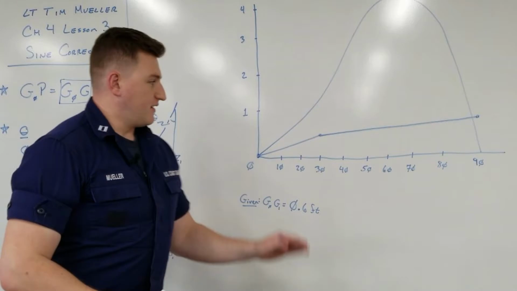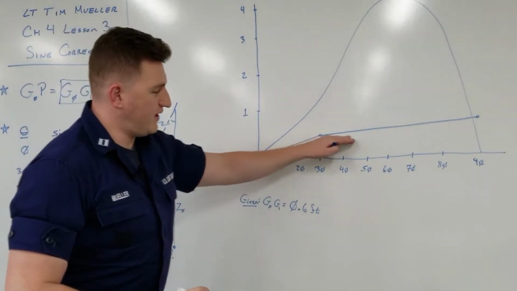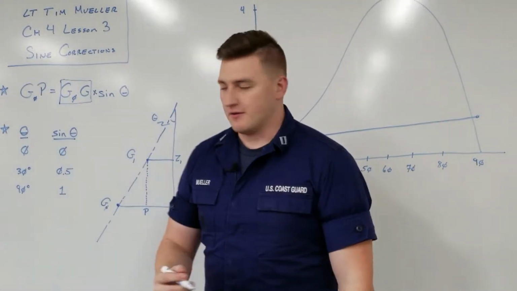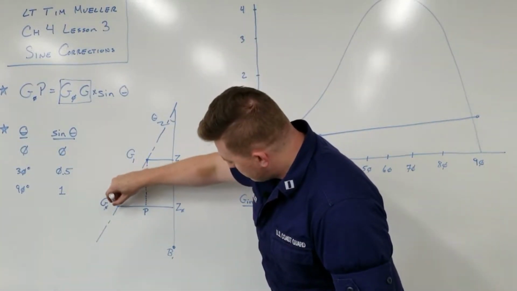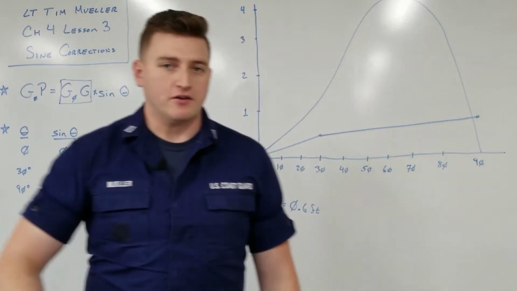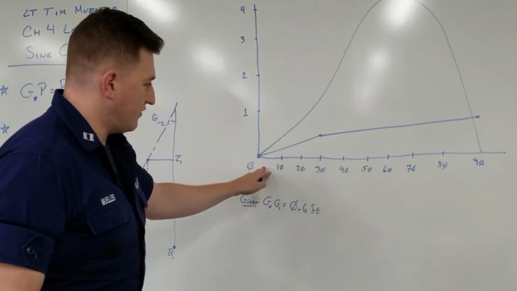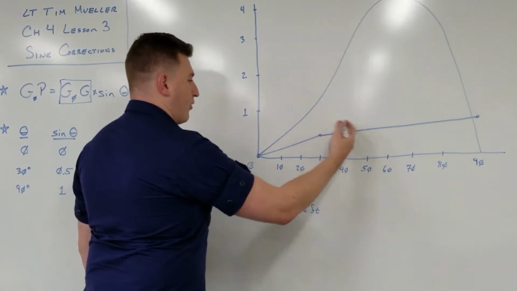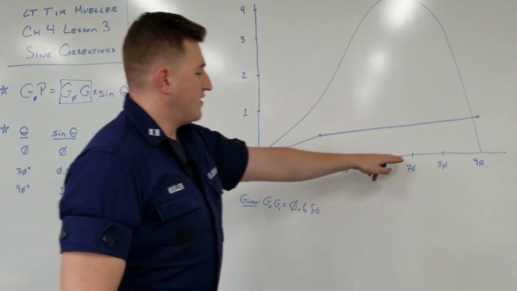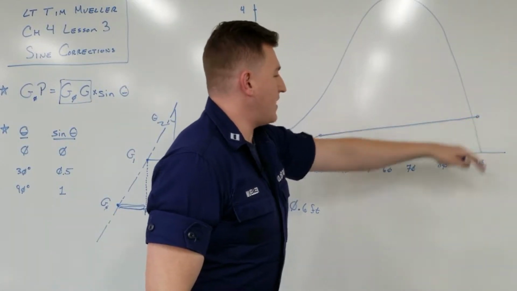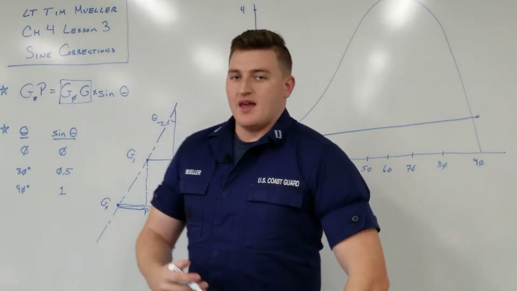Right there. Now this curve right here is telling me the value of this at every single angle. At 0, I know it's 0. At 50 degrees, it's going to be right around 0.45, 0.5. 70 is going to be a little bit higher. 80 a little bit higher. 90 is going to be at my maximum at 0.6.